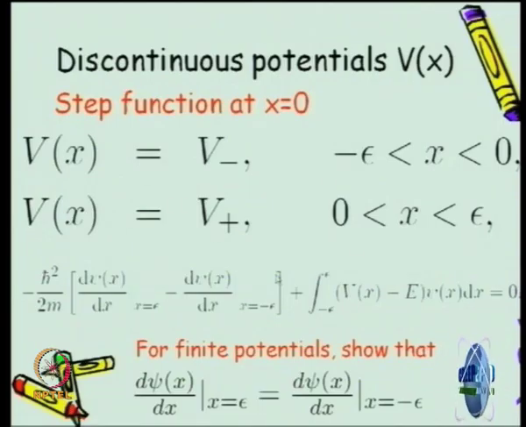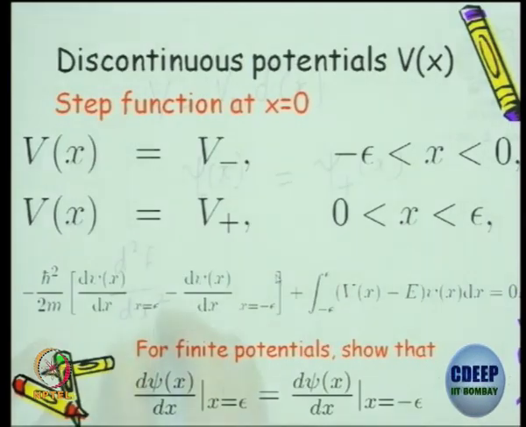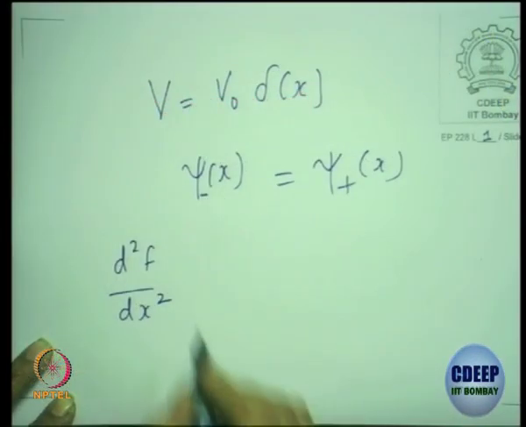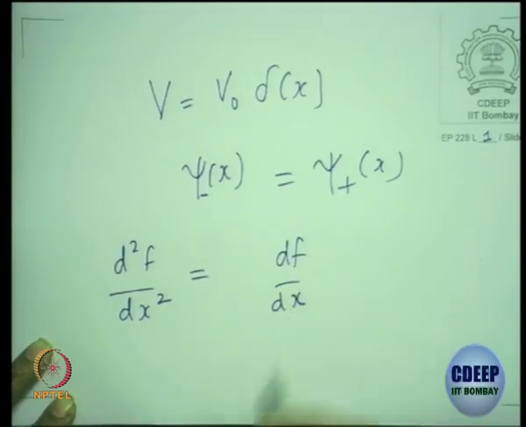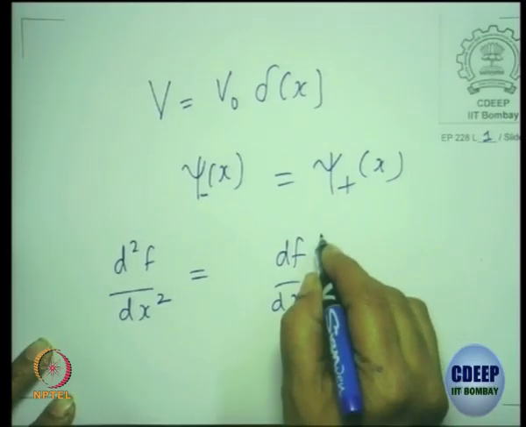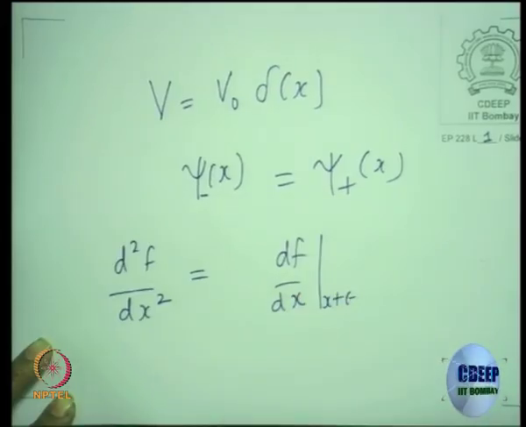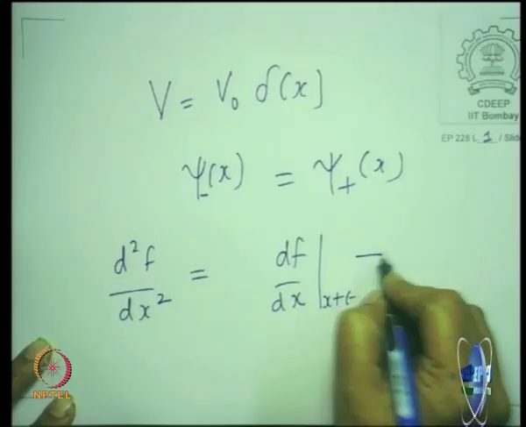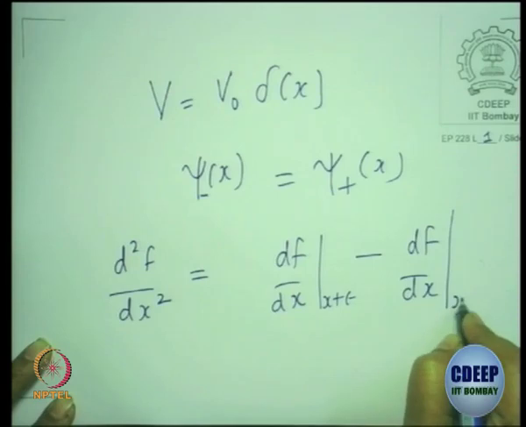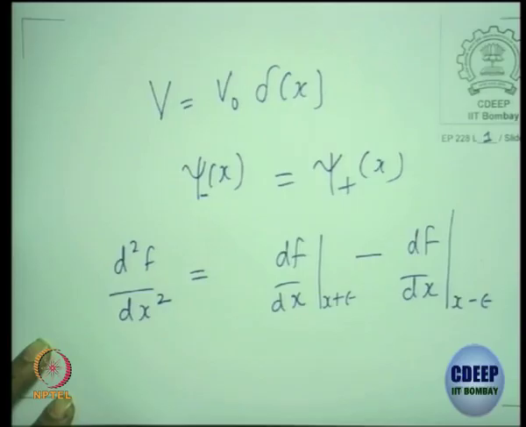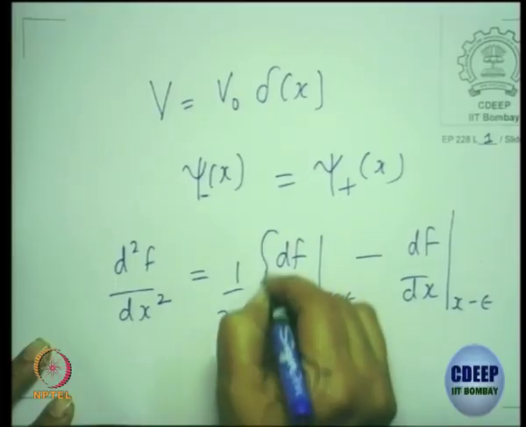So, d squared f by dx squared, if you want to write it, how will you write this? df by dx evaluated at x plus epsilon minus df by dx at x minus epsilon, then divided by 2 epsilon.